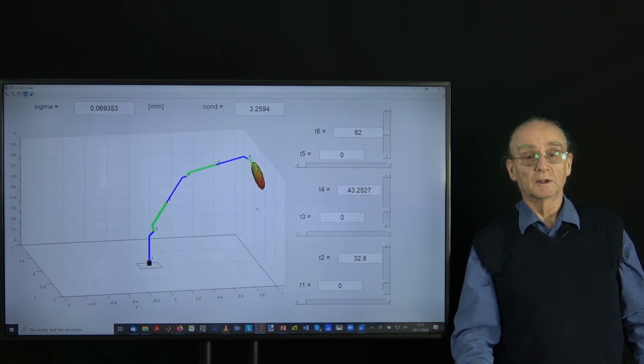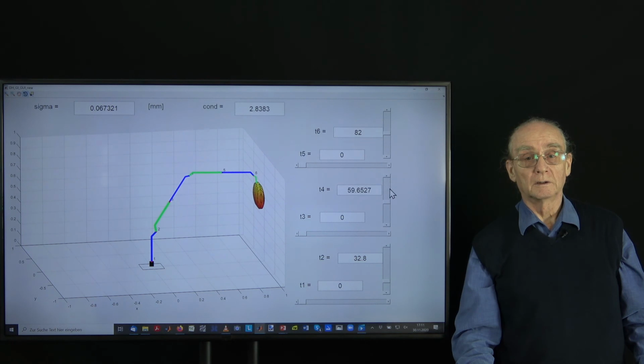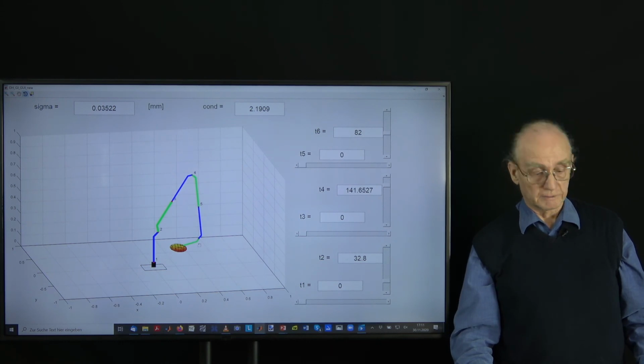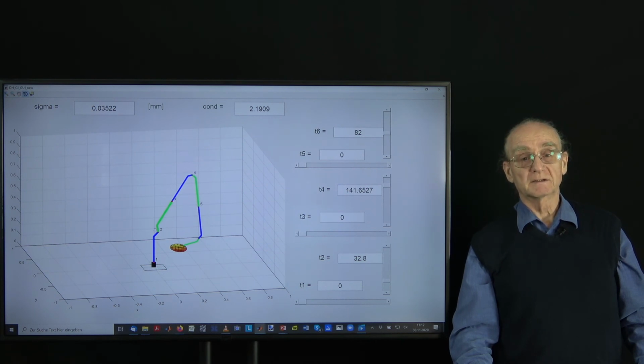Now we have this. And now we rotate around this joint a little bit further, and come very close to the origin, and you see the accuracy is also quite good with 0.03 millimeters, because this point is very close to the original coordinate system S0. That means an error in joint 2 only has a small effect, because the lever arm here is only very short.